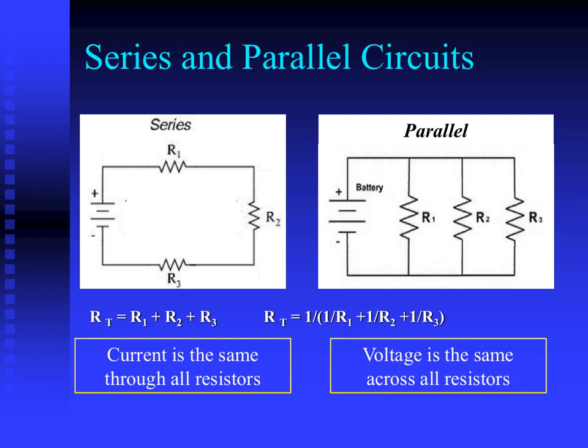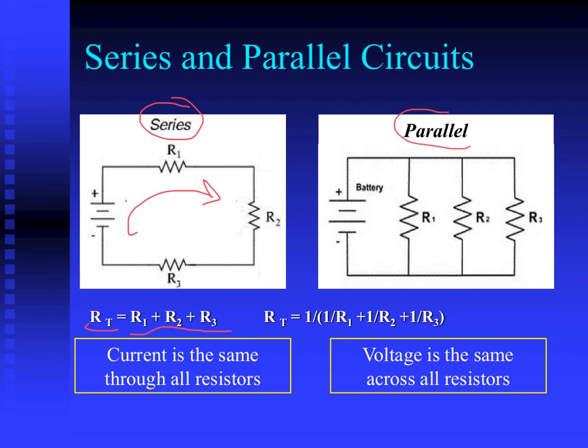Then we looked at how to calculate the total resistance in both a series and parallel circuit. In a series circuit, the total resistance is the sum of the individual resistances, R1 plus R2 plus R3. The current is the same that goes through all three resistances.